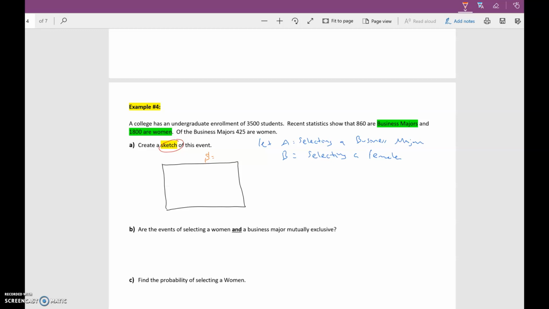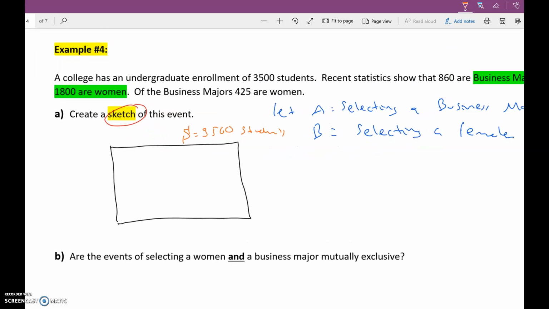So you technically have 3,500 students. Now, we technically have the two events having an intersection of 425.